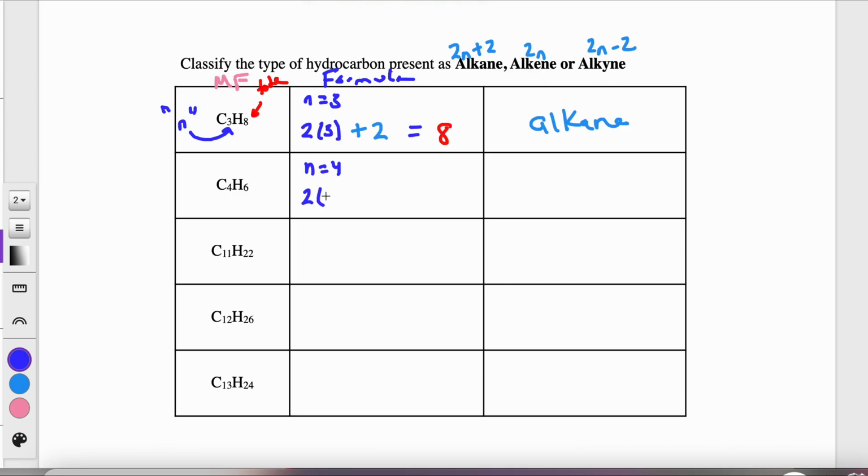So 2 times 4, the total number of hydrogens that I need to have present mathematically is 6. 2 times 4 does not naturally equal 6. 2 times 4 is 8. So to get to 6 hydrogens only, 2 times 4, which is 8, minus 2 will now equal 6. So now that I had to subtract 2 from the product, I understand it's an alkyne.